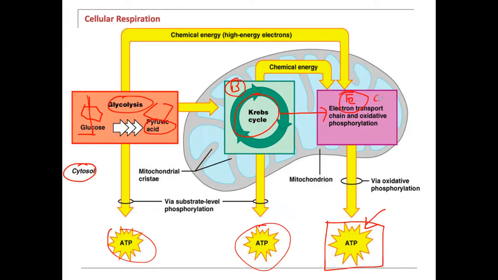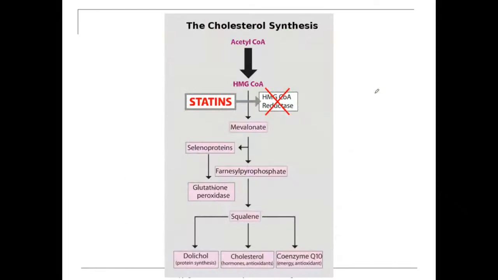The electron transport chain also uses CoQ10, coenzyme Q10. Okay, coenzyme Q10. We'll talk a little bit more about that when we get into cholesterol medication. Okay, and I think I'll talk about that in this slide here.